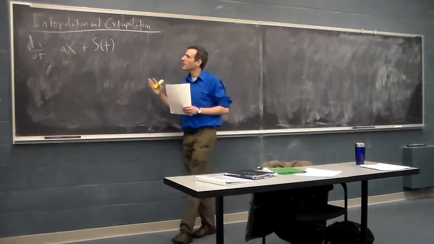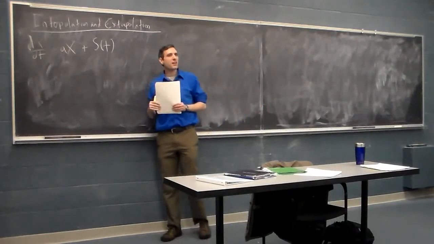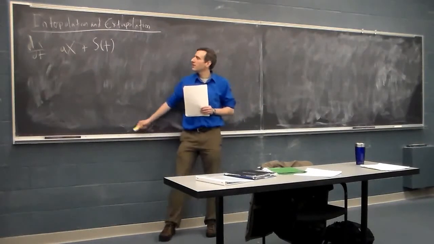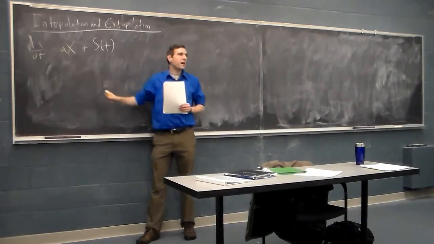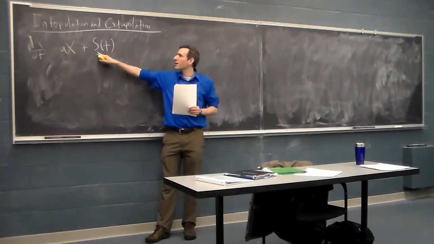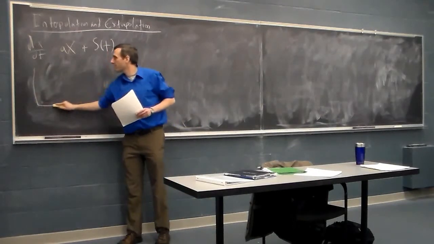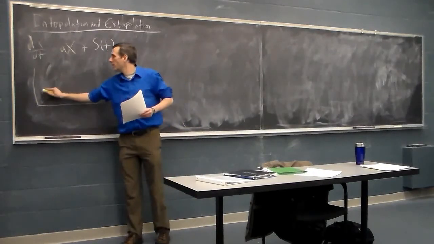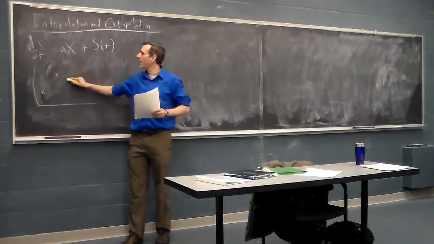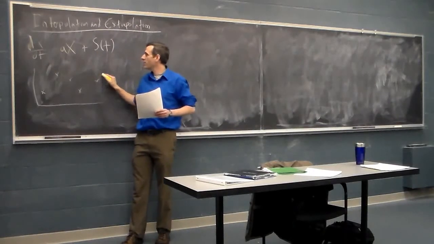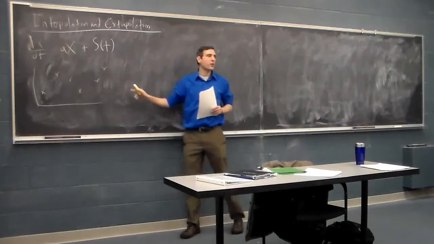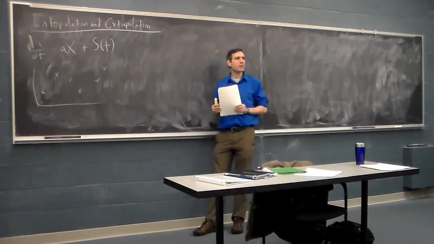Now, if we're trying to do this with actual experimental data, there's a problem here, which is that this is a continuous model, but experimental data is very often going to be discrete data points. So it might be that we have a set of points in time at which we've measured the value of this signal on an actual system, and we want to plug these points in time into our continuous model.